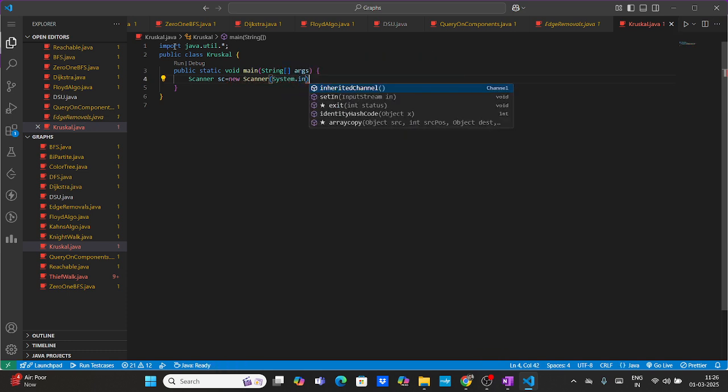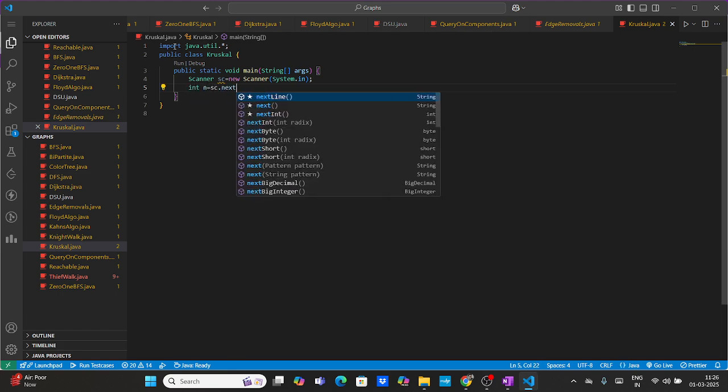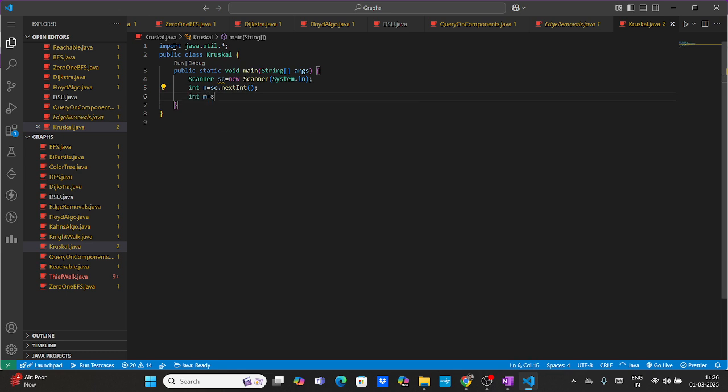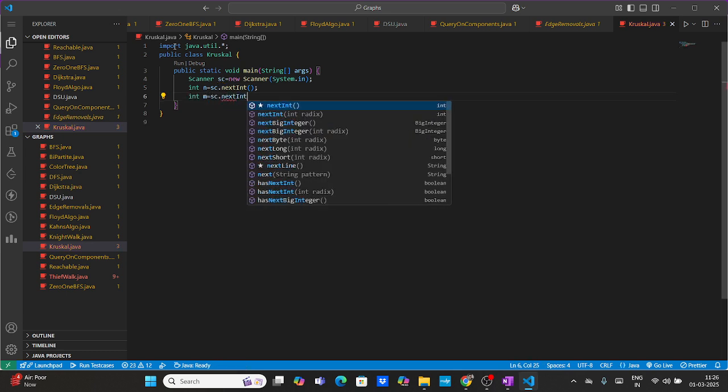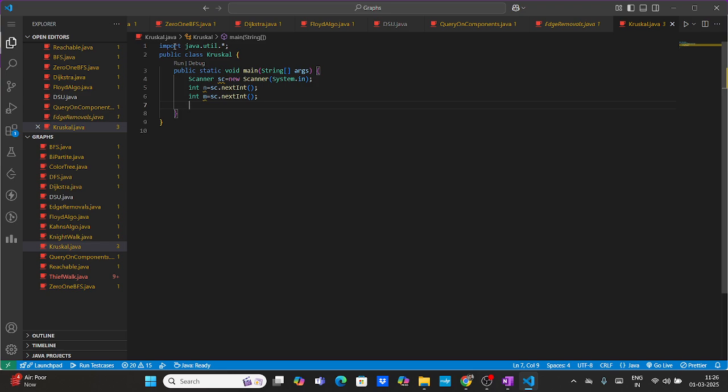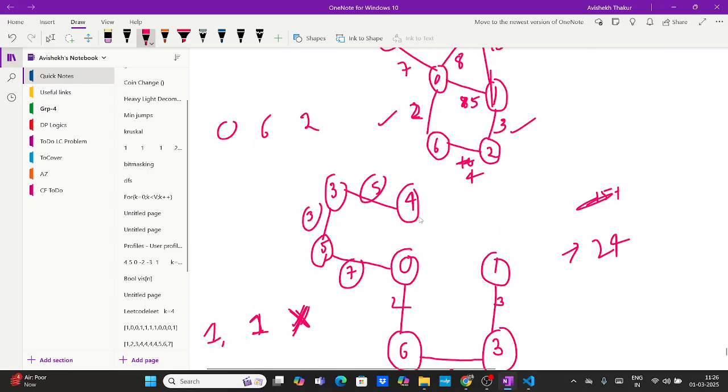Okay, so what information do we need? N, that is the number of nodes. We also need the number of edges, and the input is like this: u to v having a weight w.